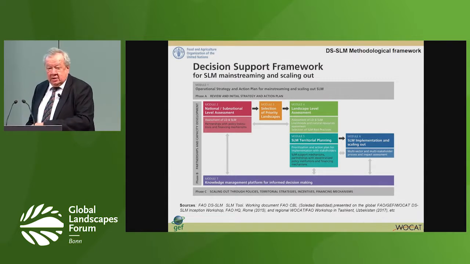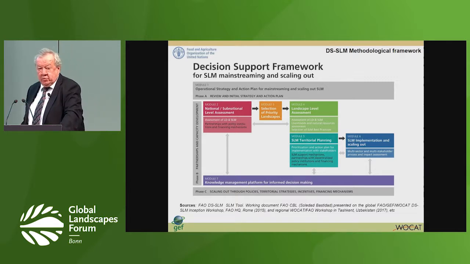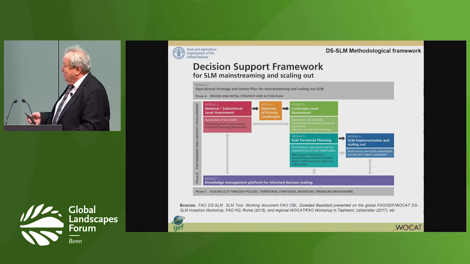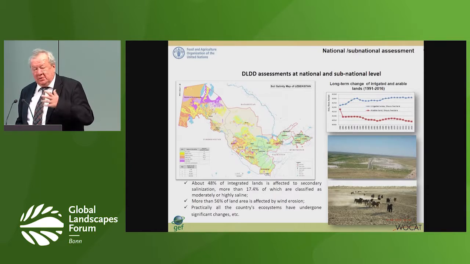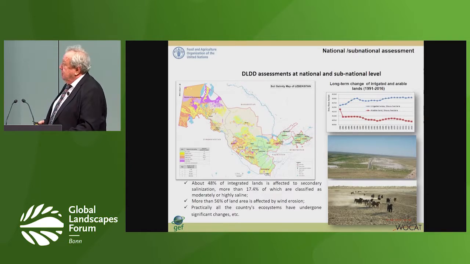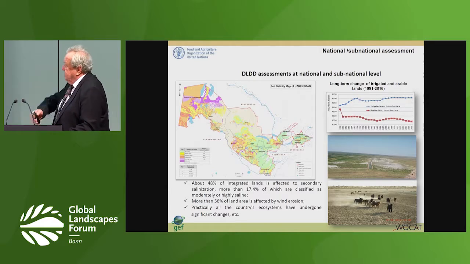As Nicole told just now, we carried out, of course, the decision support framework. I won't tell it in detail because Nicole explained it very nicely. About 50% of irrigated lands are affected by secondary salinization in our country because we are living in an arid zone and all our lands are subjected to salinity.